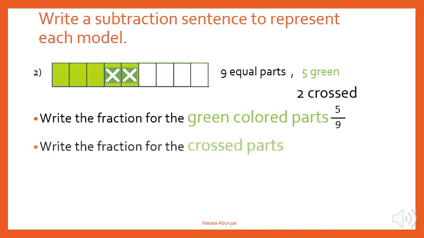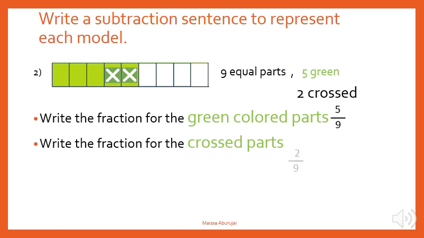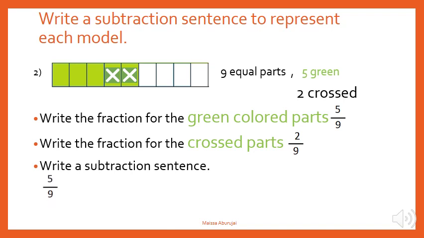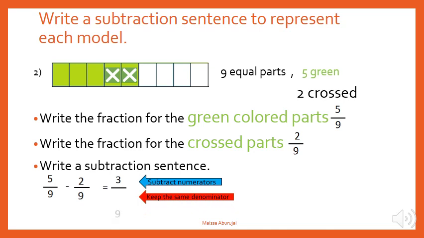Then write the fraction of the crossed parts, 2/9. Then write the subtraction sentence. 5/9 minus 2/9. As we said, we will subtract only the numerators. 5 minus 2 equals 3, and we will keep the same denominator, 9.